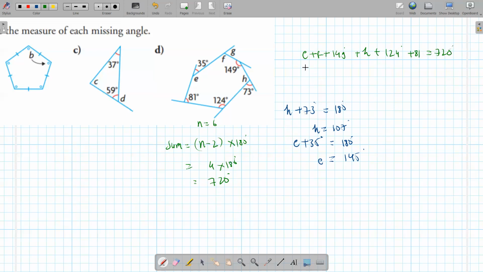And E we know is 145, plus F is missing, and H we found out was 107, plus 124 plus 81 equals 720, like this. And then you just want to subtract all of these from both sides to find what F is. So 720 minus everything else. And that gives me F is equal to 114 degrees.